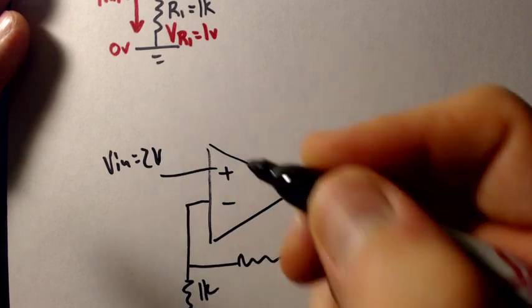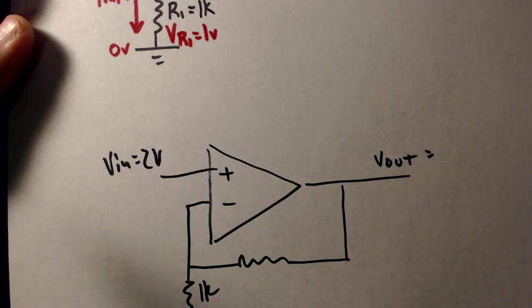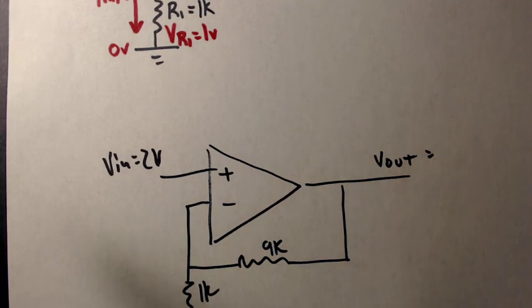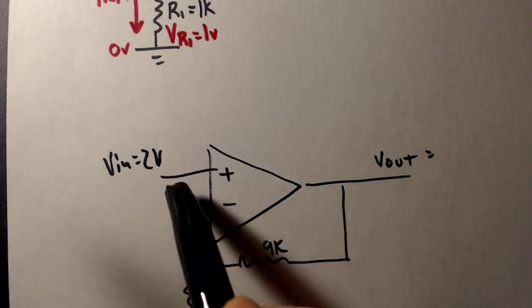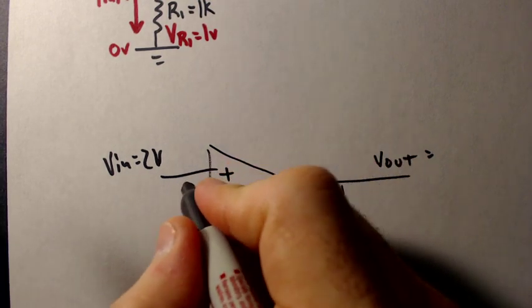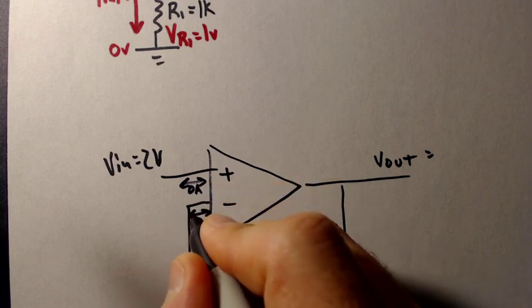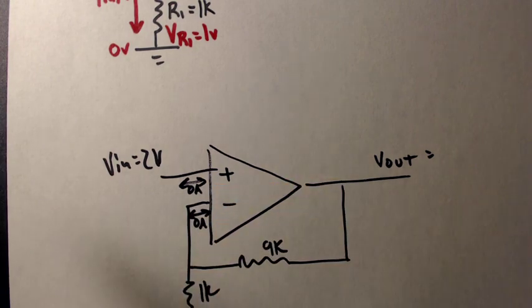Alright, 2 volts on the input now. Now, I'm going to run a little faster through this. Rule number 1, no current in or out of any of our inputs. Cool. All right, that didn't really help us. Rule number 2, do we have a closed loop?